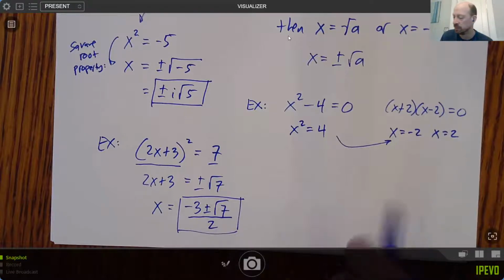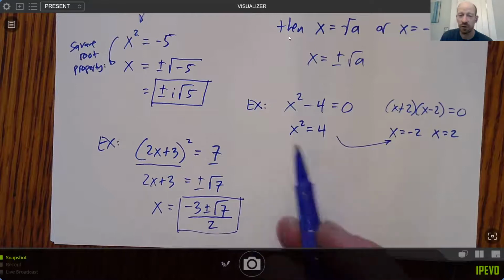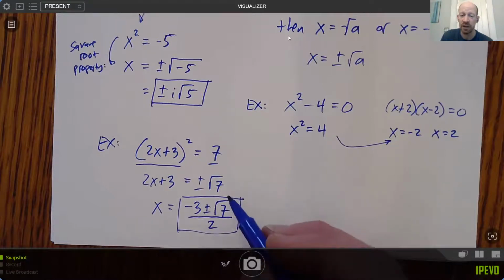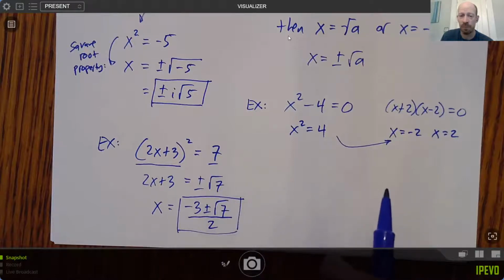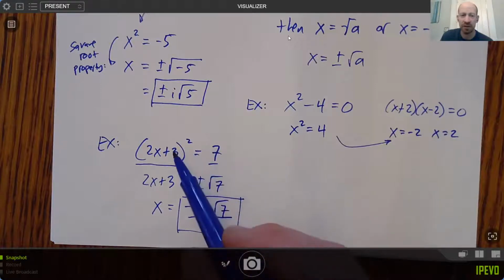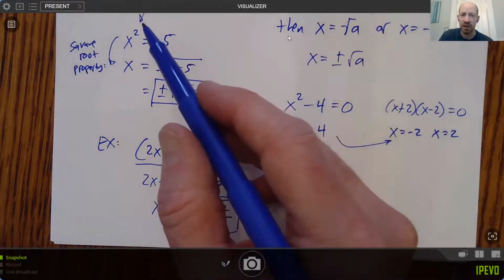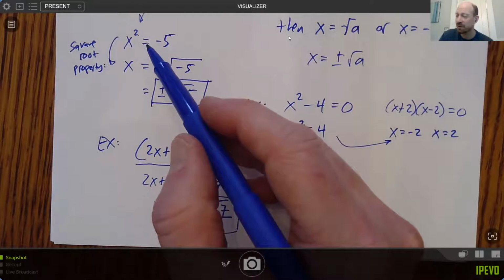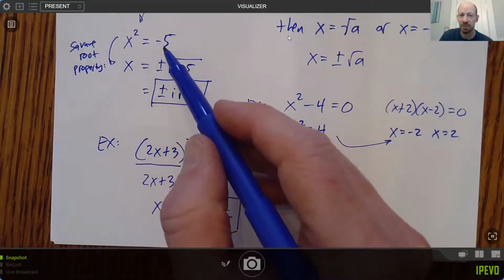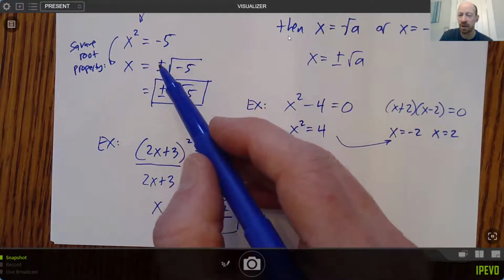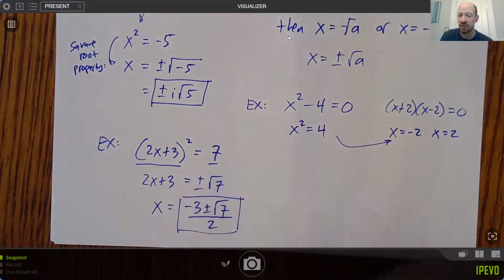Just like before, these are two values, and each of these values, when I put them in, will make this equation true. So visually, this may look different to you than this one, but actually they're really the same problem, right? Something squared equal to a number, the square root property applies, which gives us what we're looking for.